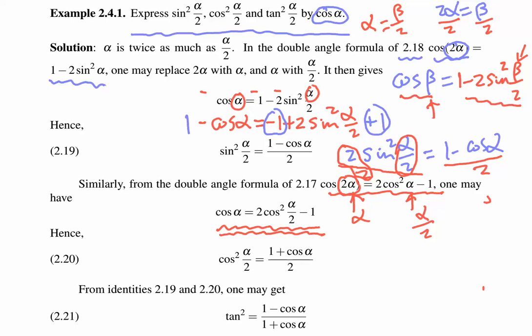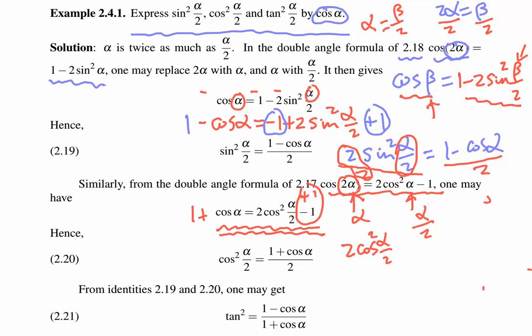And then again, by similar steps as we did right here, you see down here, if we add 1, you will cancel that. You put 1 here. So then what we get will be, on the right-hand side, only 2 cosine alpha over 2 squared. Positive, negative cancelled.